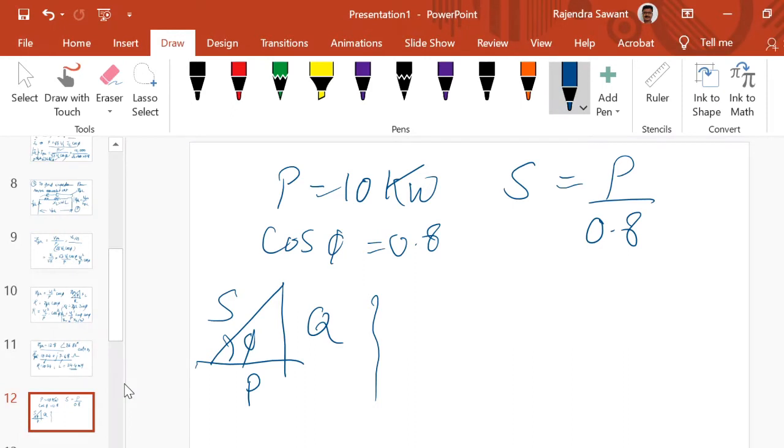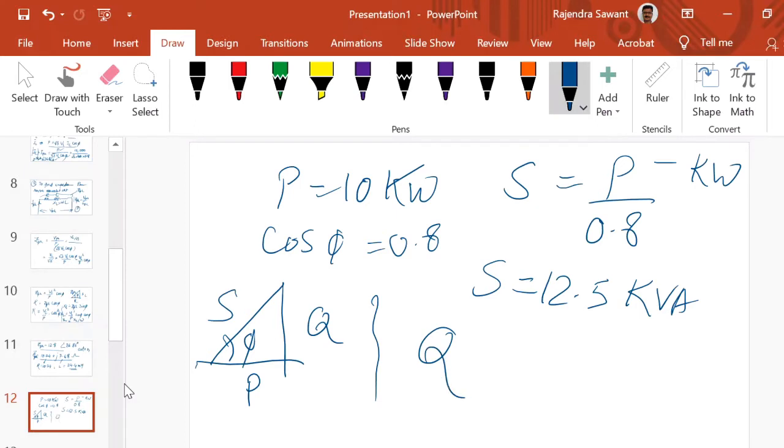If we compute this, we shall get 10 upon 0.8, so this is 12.5 kVA.